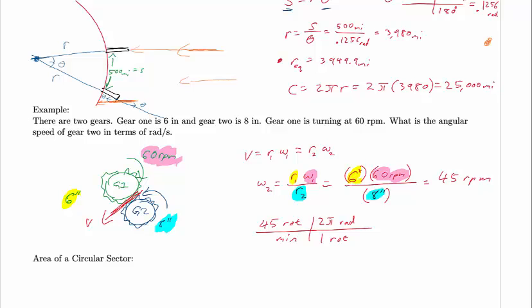And then in 1 minute, we have 60 seconds. So we go through that calculation and we get 4.7 radians per second. And there we have it. That is our angular speed of the second gear.